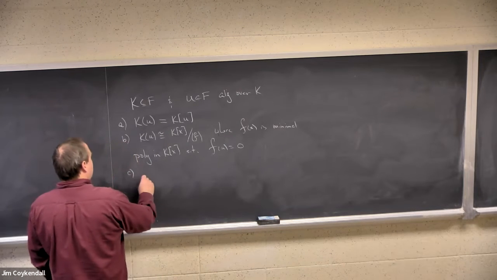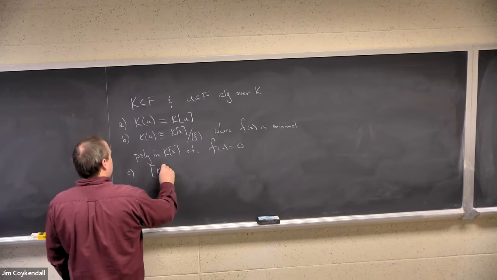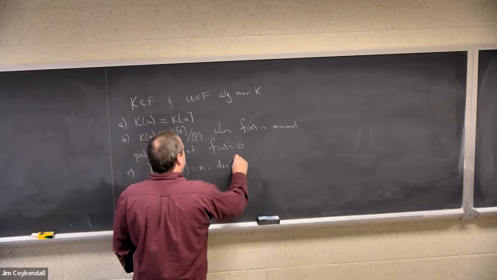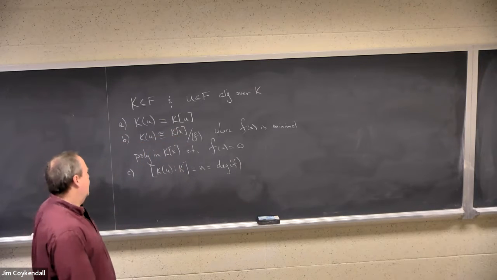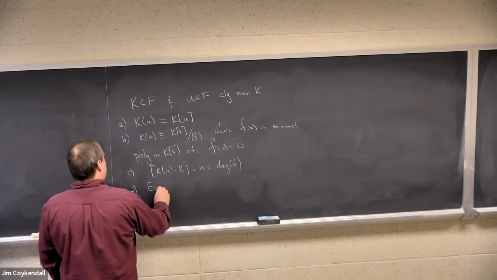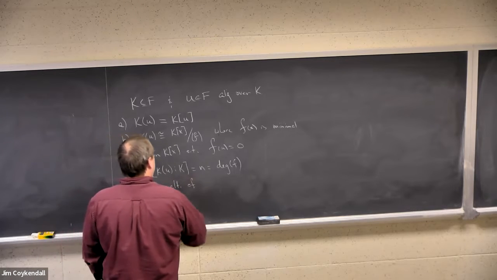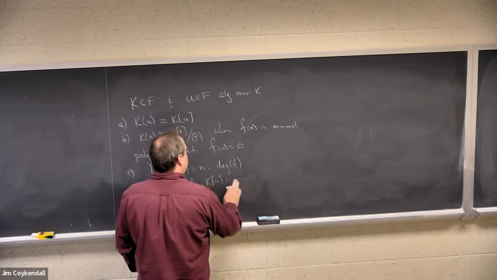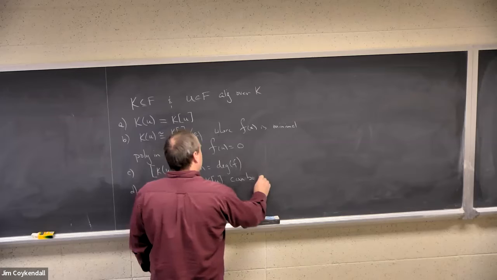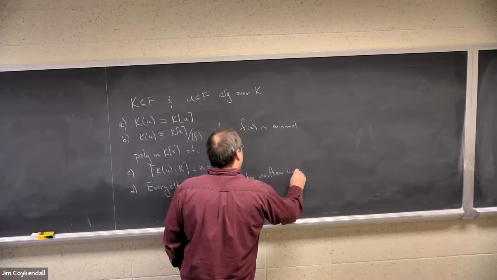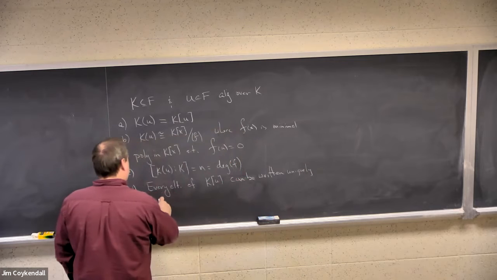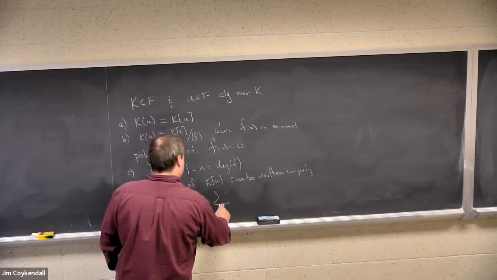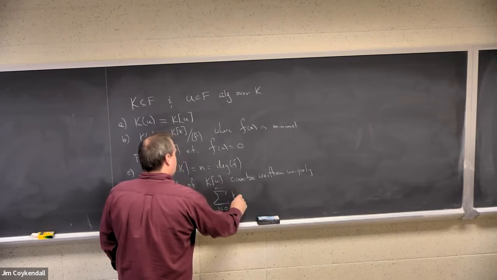Then C, the degree of K(u) over K is equal to n, the degree of f in the notation above, and B, every element of K(u) can be written uniquely in the form the sum, i equals 0 to n minus 1, of k_i u^i.